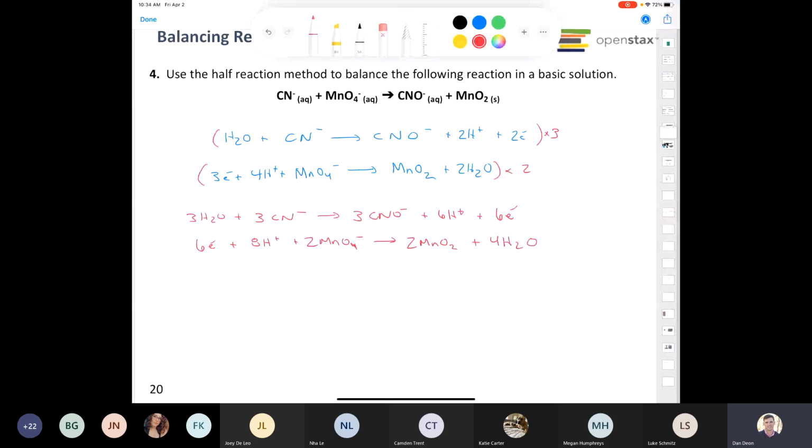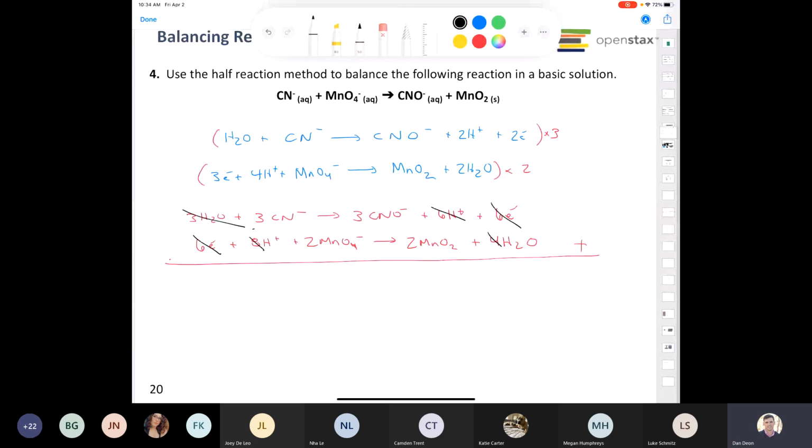Everything look good? Just double checking here. So when I tally all that up, what can I cancel on each side? The 6 electrons are going to cancel on each side. I've got 3 water molecules here. I've got 4 on this side. So I'll lose 3 of them and only end up with 1 water molecule there. I'm going to cancel all of these 6 protons.